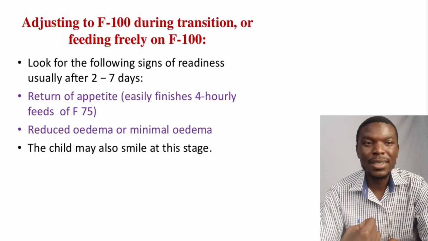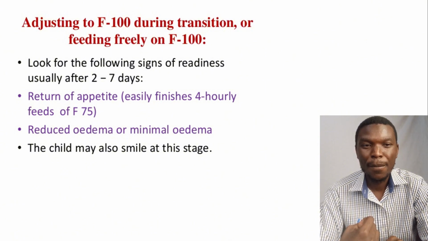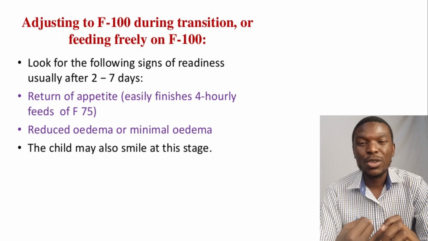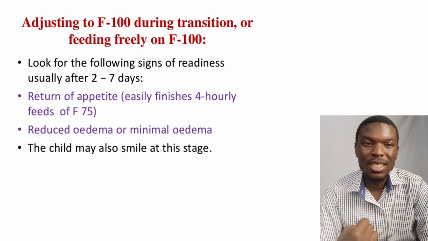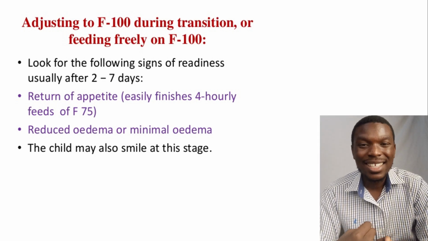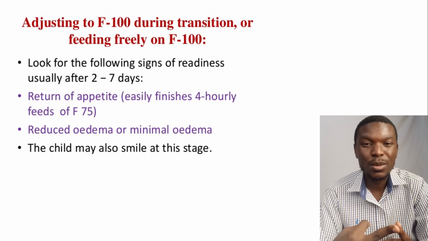So the child is easily finishing 4-hour feeds of F75. The child is able to eat more than 80% of those feeds. The diarrhea is reduced. The child has good appetite. The child is willing to feed.